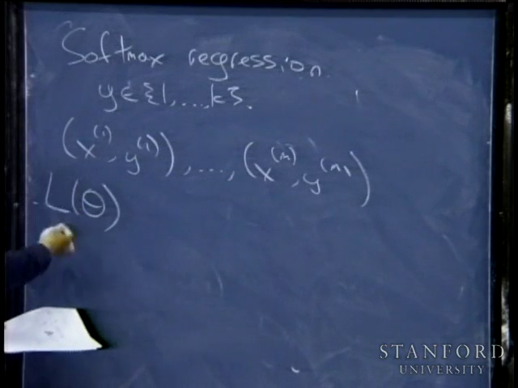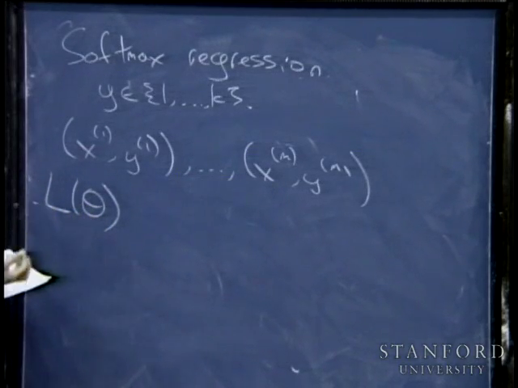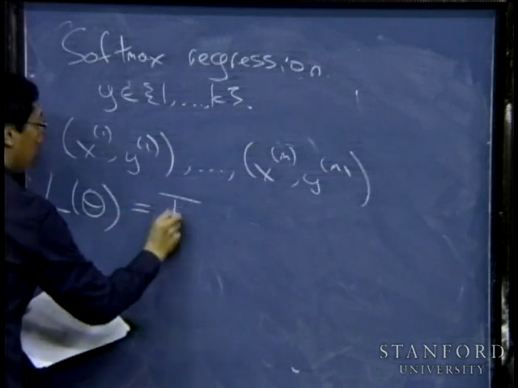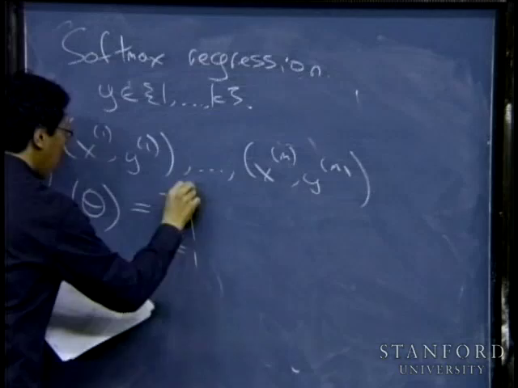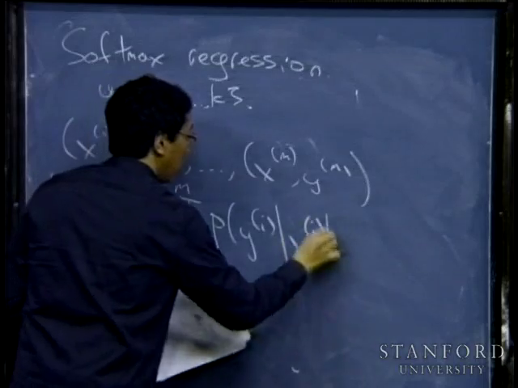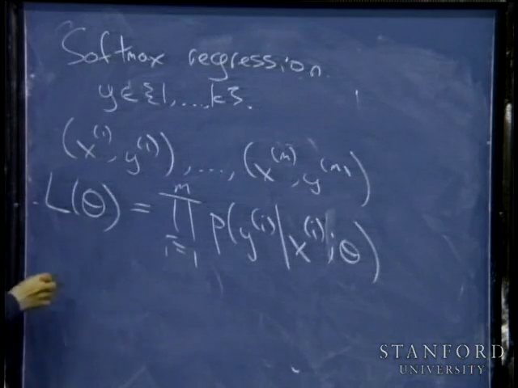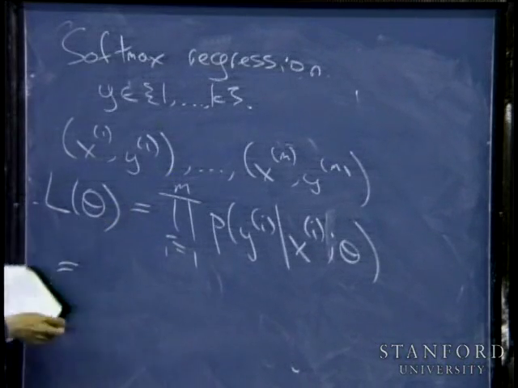So you write down the likelihood of the parameters and you maximize the likelihood, right? So what's the likelihood? Well, the likelihood, as usual, is the product over your training set of p of yi given xi, parameterized by theta, right? Same as we had before.